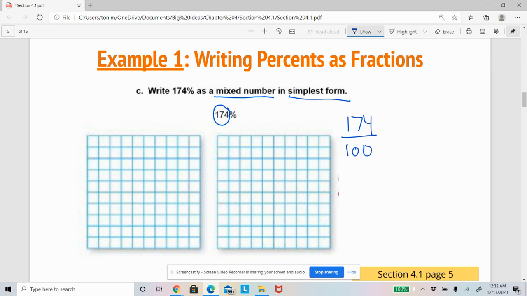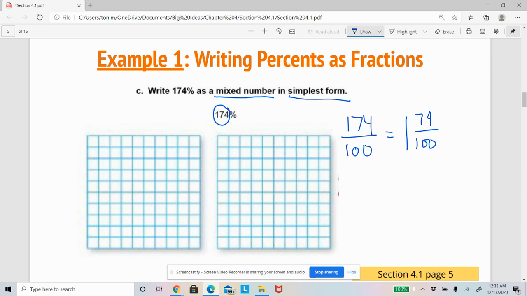Okay. We are now going to have to simplify. Before I simplify, I'm going to take that 1 away from 174 and make it a whole number, because 100 goes into 174 one time. I'm going to make my improper fraction a mixed number. So it's going to be 1 and 74 over 100. And then I know my divisibility rules.